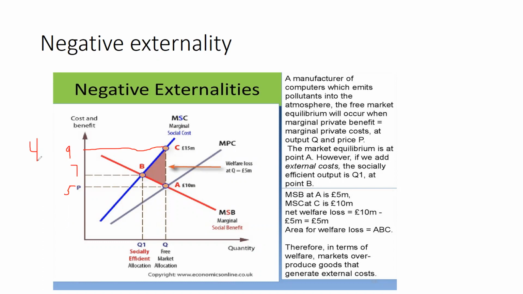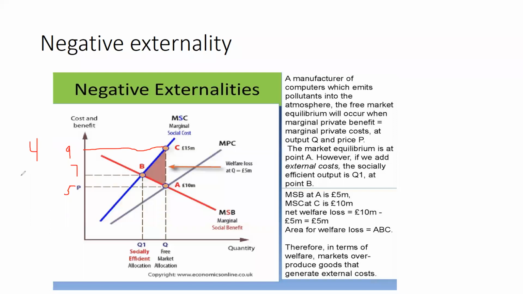So in this instance, if government wants to get us to the socially optimal, they would tax $4. Now, if they wanted to be tricky on a multiple choice, or probably more on a free response, if you tax less than $4, you're not getting to the socially optimal, so there still would be a little deadweight loss. And if you tax more than $4, you're not going to get to the socially optimal either.